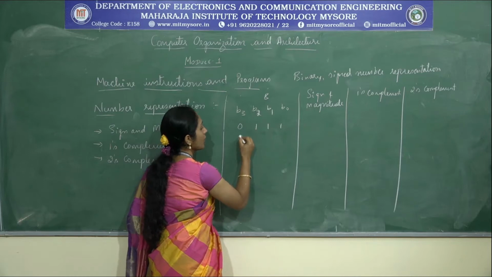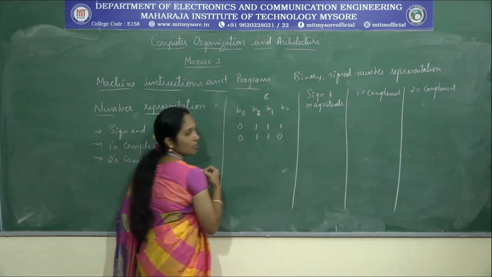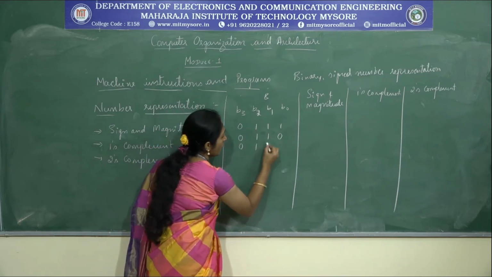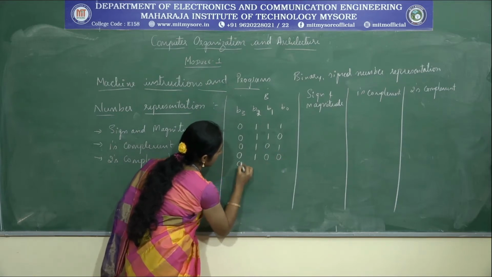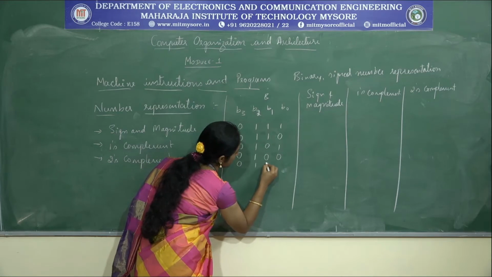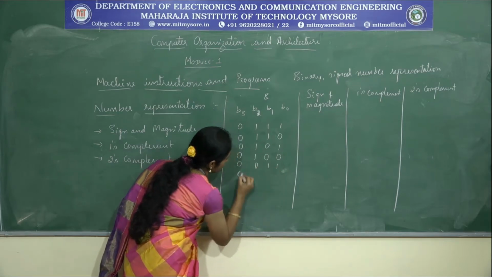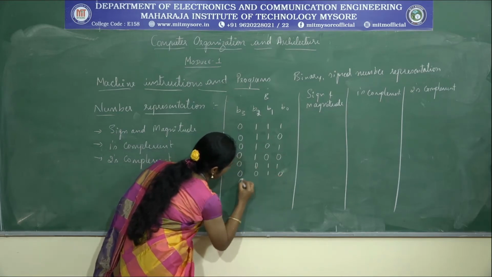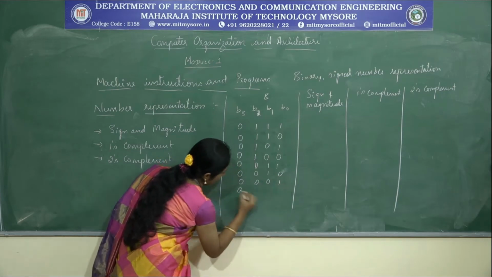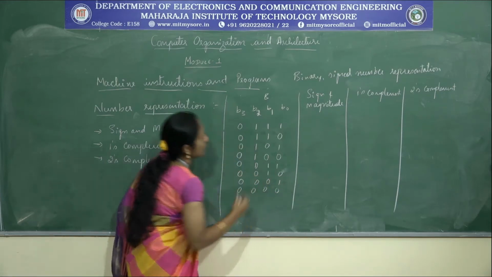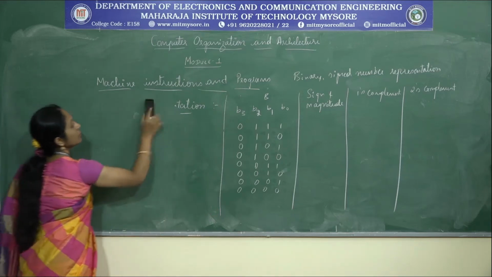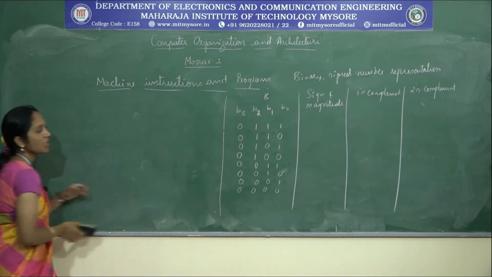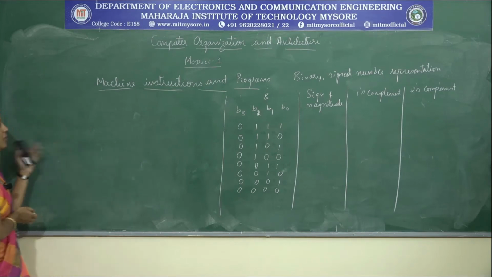Then 0 1 1 0, 0 1 0 1, and so on. I will continue the same table here. There we have 8 values, and another 8 values I will be writing here.